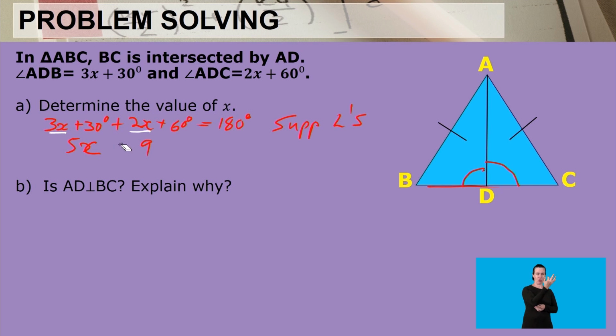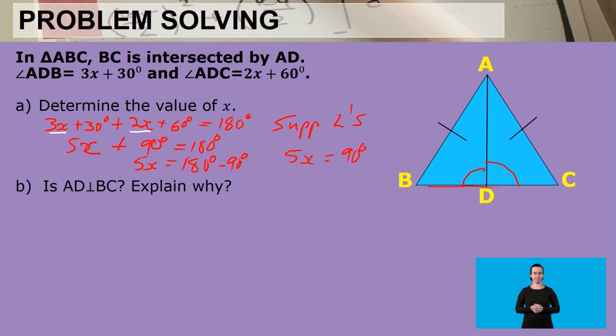Plus 90 degrees equals 180. And then 5x equals 180 minus 90 degrees, and it means that 5x will be equal to 90 degrees.